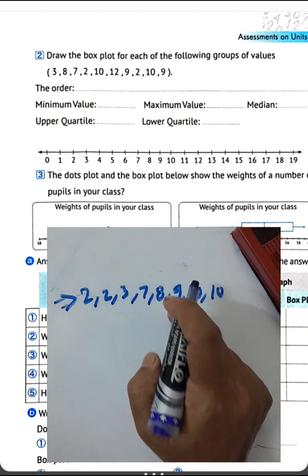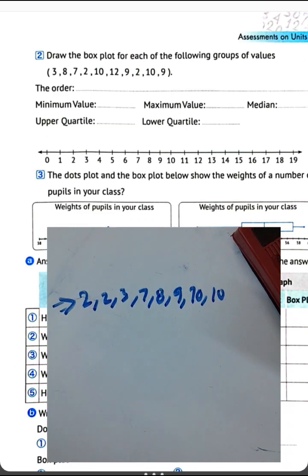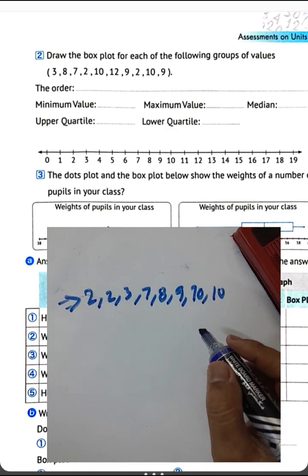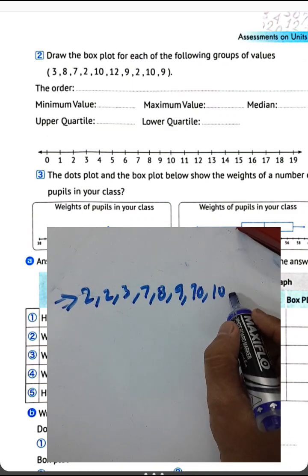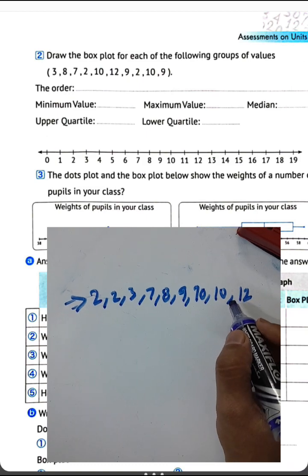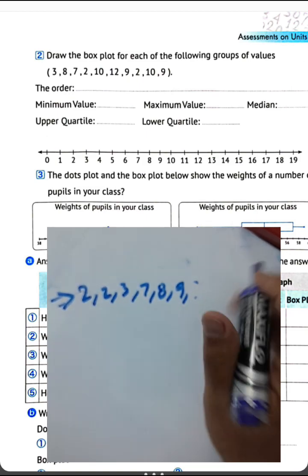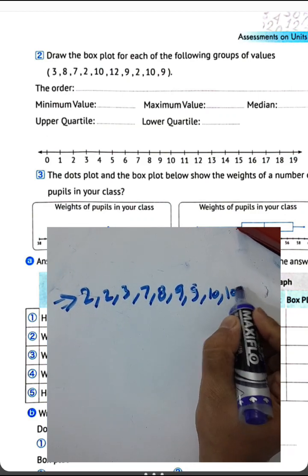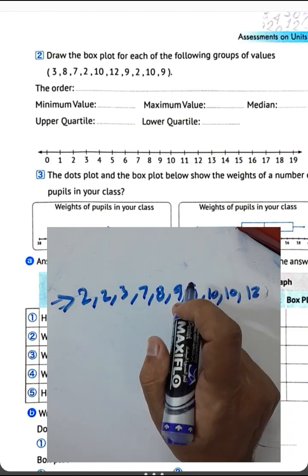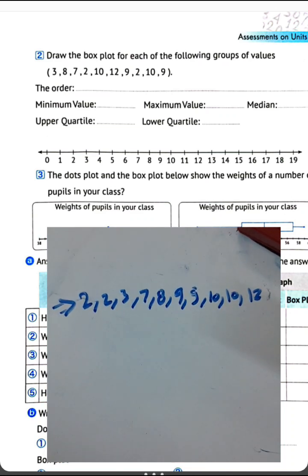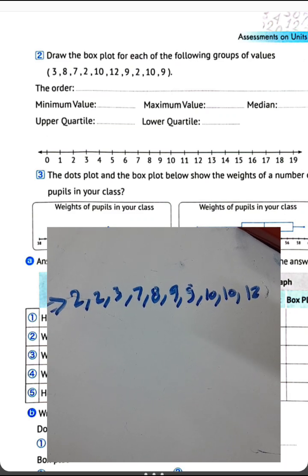We have 1, 2, 3, 4, 5, 6, 7, 8, 9, 10. So we have 12 again, and we have 2, 9, 9 here, again 9 and 10 and 10 and 12. Okay, 2, 2, 3, 7, 8, 9, 9, 10 and 10, 12.